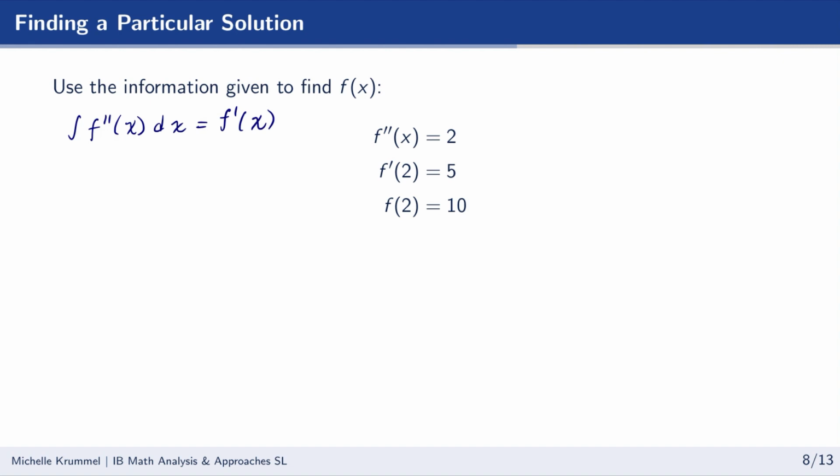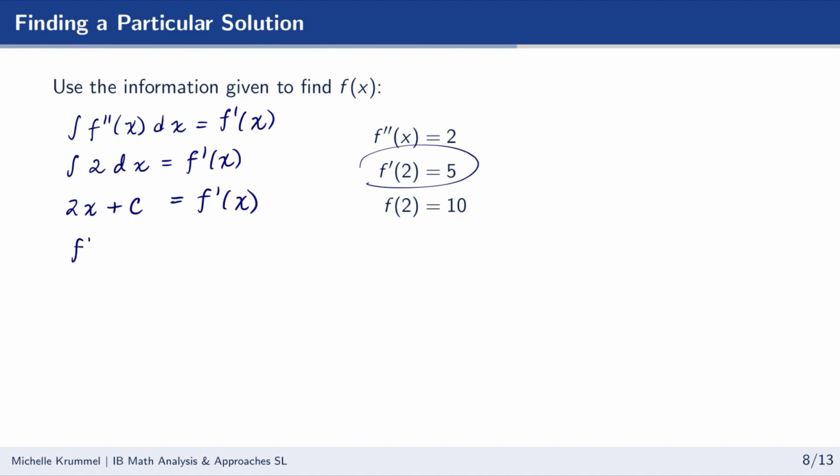So f double prime of x equals 2 means we can integrate 2 dx, and that's going to give us f prime. So when we integrate 2 dx, we get 2x plus c, and that's equal to f prime of x. Now we know that f prime of 2 equals 5. So let's substitute 2 in for x and set that equal to 5.